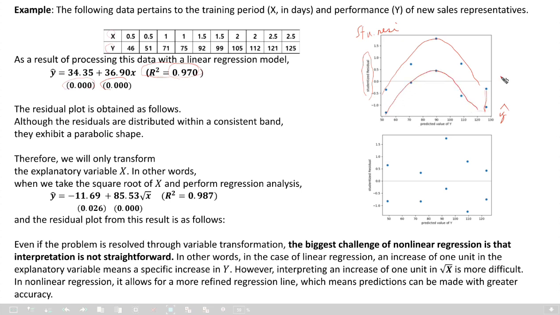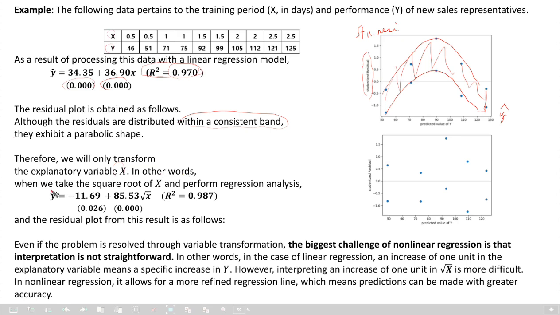This is a quadratic, parabolic shape. Although the residuals are distributed within a constant band, they exhibit a parabolic shape like this, a somewhat patterned shape. So we will only transform the explanatory variable x because it has a consistent band.